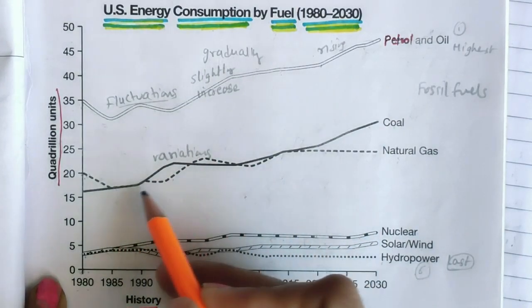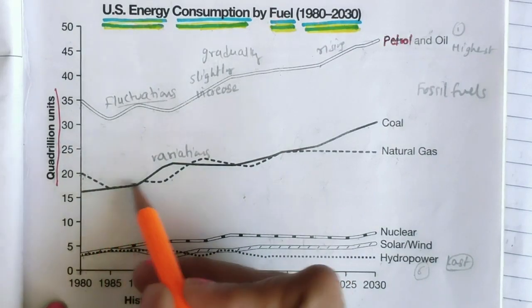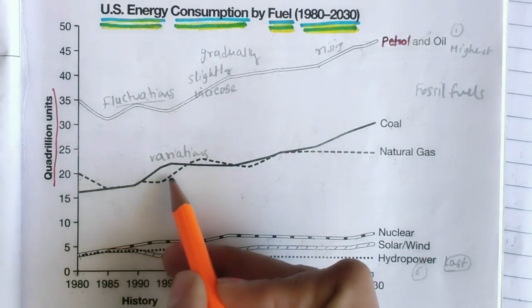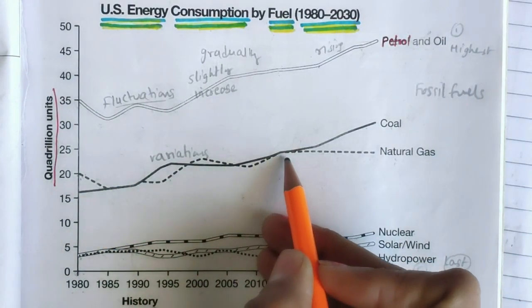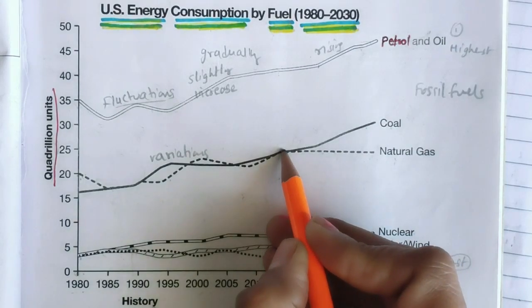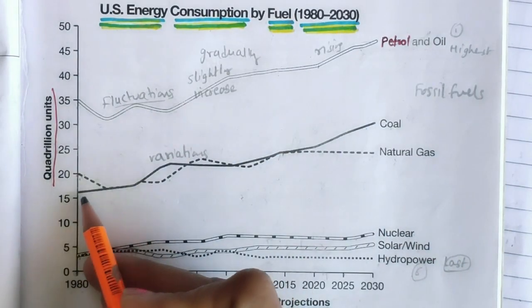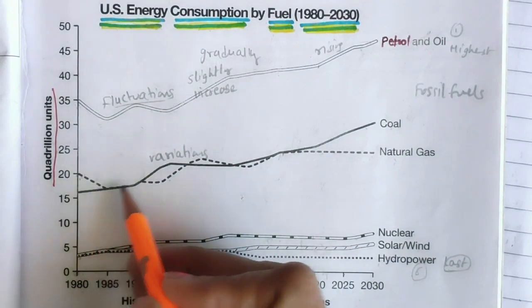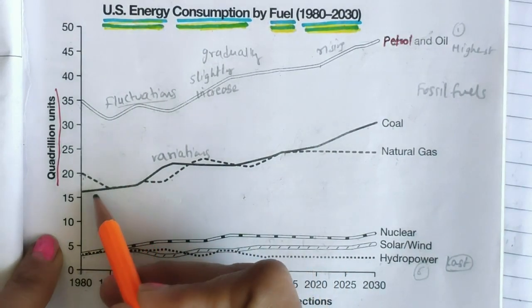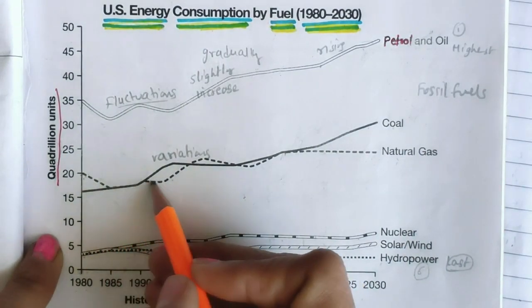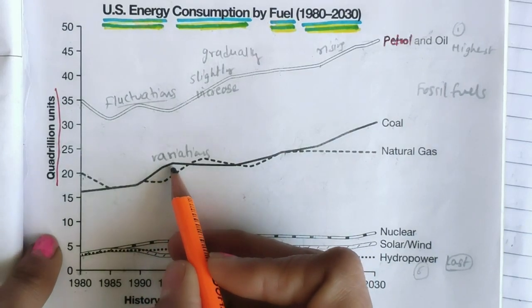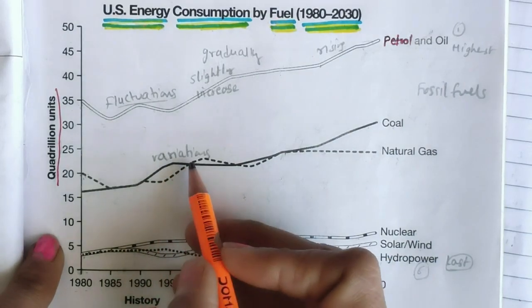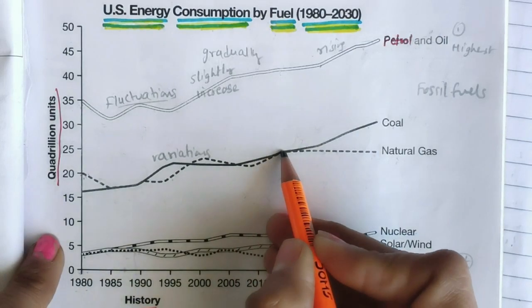And after that, coal, sorry, that is natural gas, and these variations were there. At the point of this, you can compare both the two lines. So coal and natural gas were having many variations up to this point.